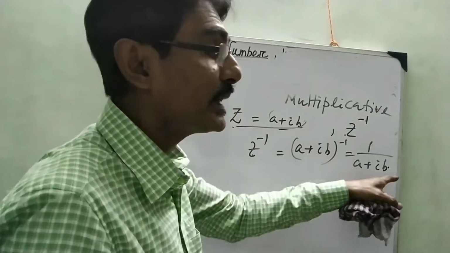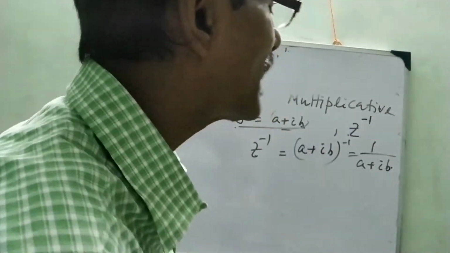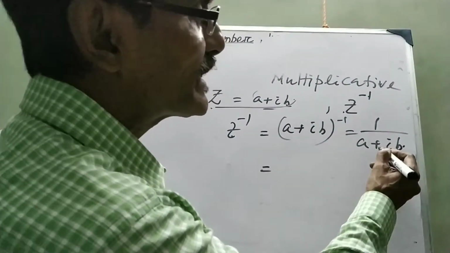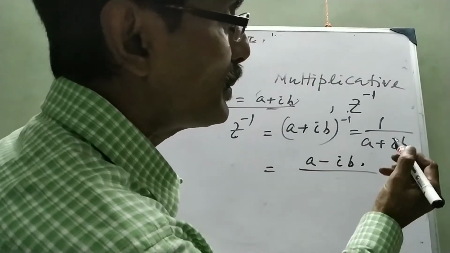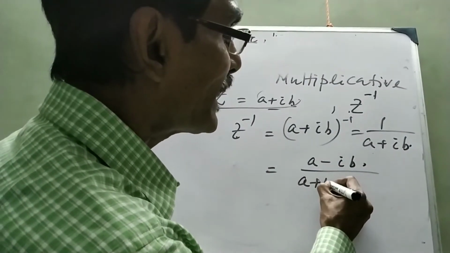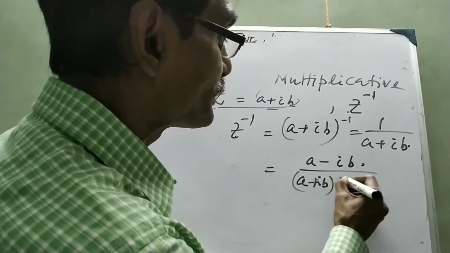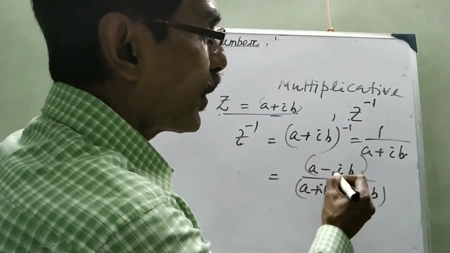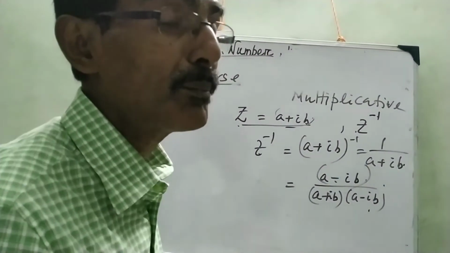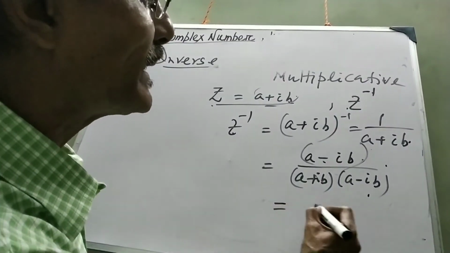But you see, it is not in the form of A plus iB. By rationalization, its conjugate number like A minus iB, we will multiply both the numerator and denominator.